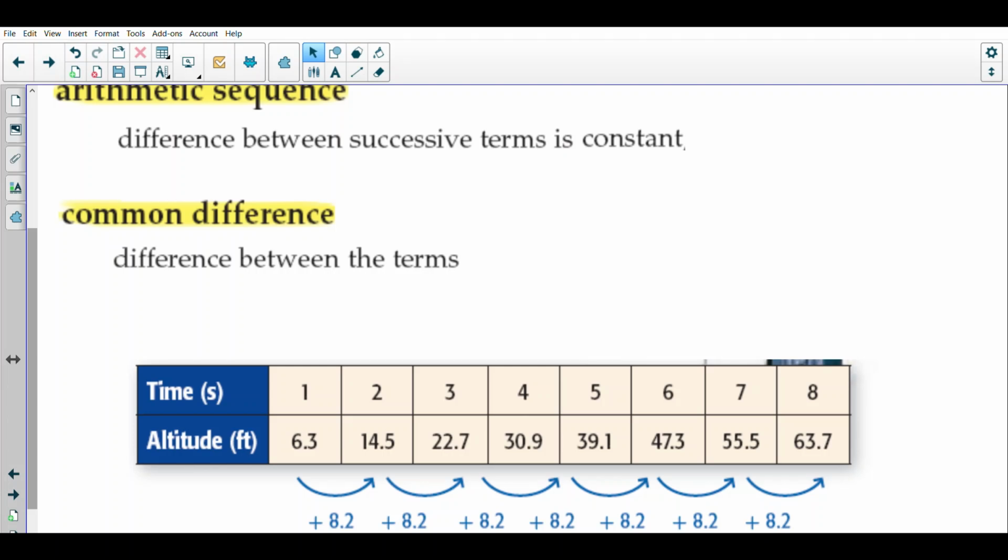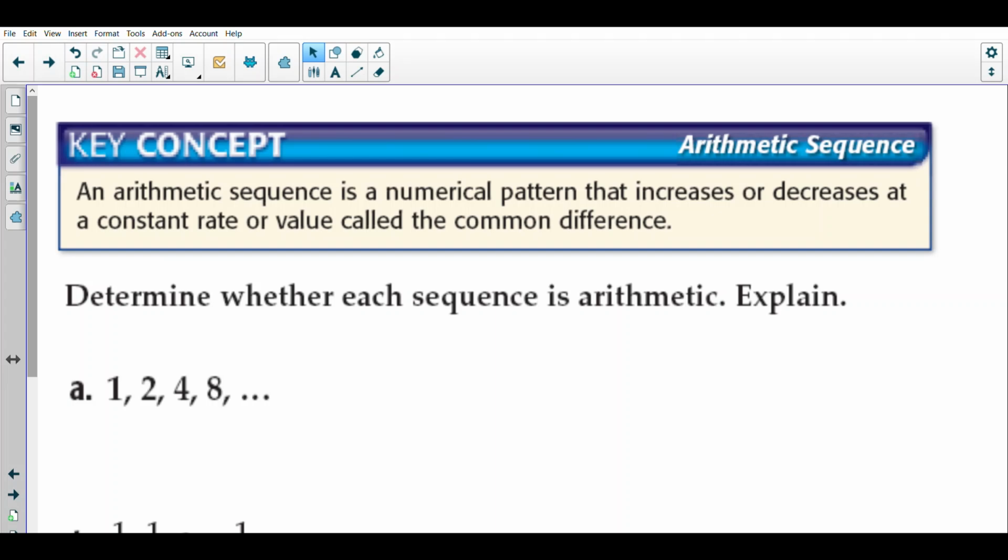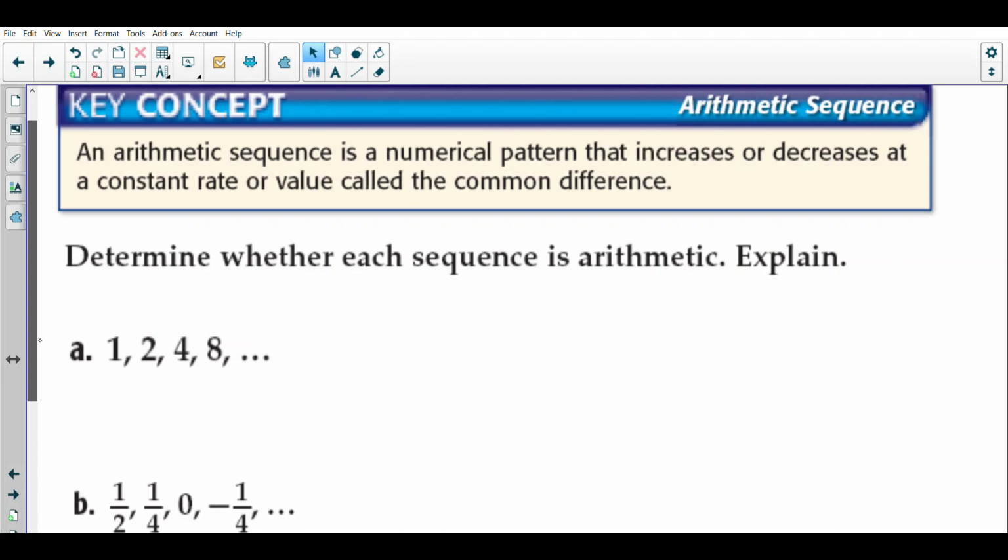So the common difference is 8.2, and this would create an arithmetic sequence. An arithmetic sequence is a numerical pattern that increases or decreases at a constant rate or value called the common difference. This is what we just talked about. We defined it. So we want to see, are the following sequences arithmetic sequences?